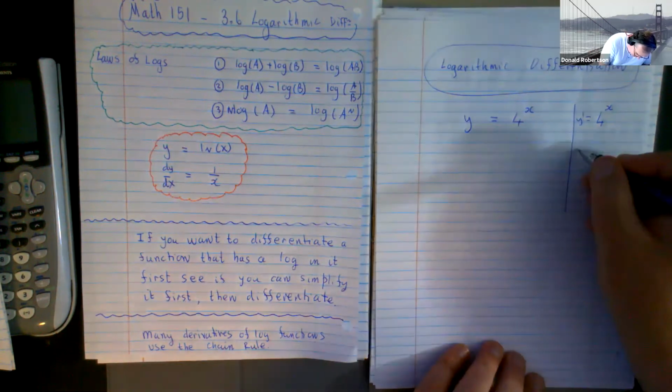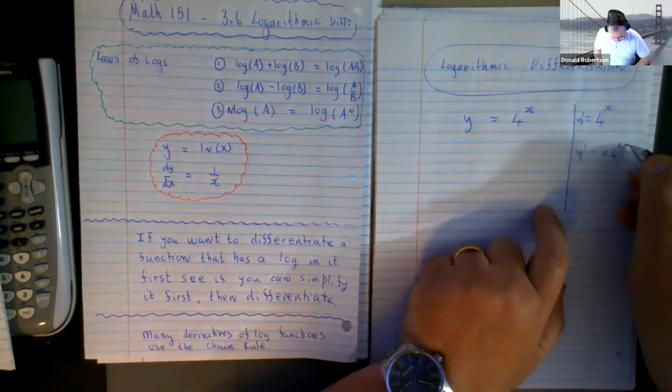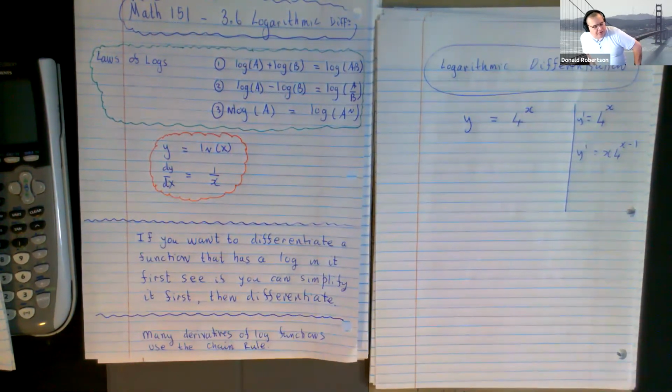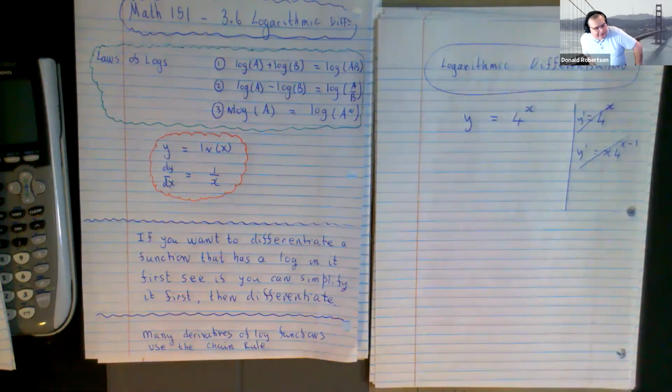Well, maybe it's some kind of multiply by the power, reduce the power by 1 kind of deal. Maybe it's that, but it's not. So I'm telling you that, so you'll never do that, right? Now, what's nice about those is that they are easy. What's bad about them is they're wrong.